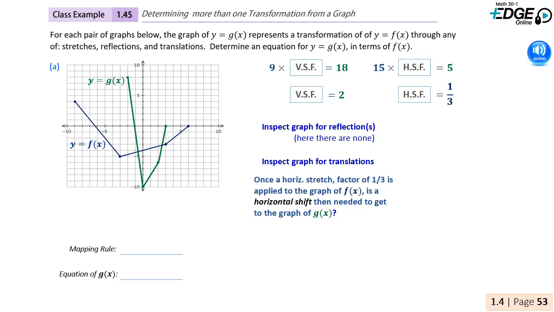Often students will look at the vertex or lowest point maybe of the graph and will follow it and say, it has moved over and it has moved down. But recall that when we perform a stretch, that will move all points that are not on the stretch axis for the graph. So it may be that the stretches already take care of that, quote, movement.